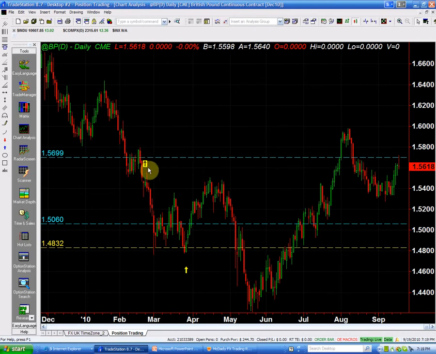It went all the way down to the 148. So we can expect here again a similar move, because as you can see on this here, we have two sell signals on the pound.